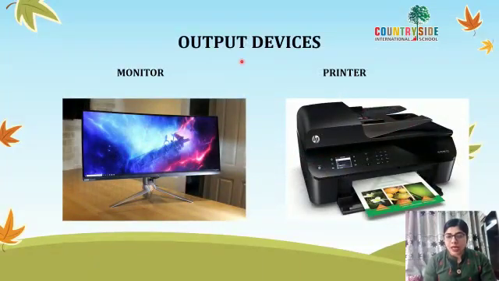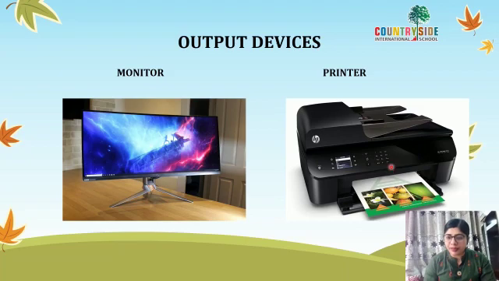Now comes output devices. We are talking about two main output devices here. This one, we are all very much familiar with. Shape, size, design may vary, but monitors look more or less like this only. They are called monitors. Whatever processes are being done by the computer are first displayed on the monitor.